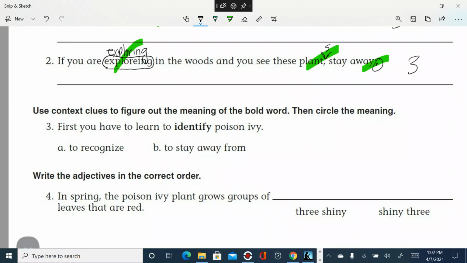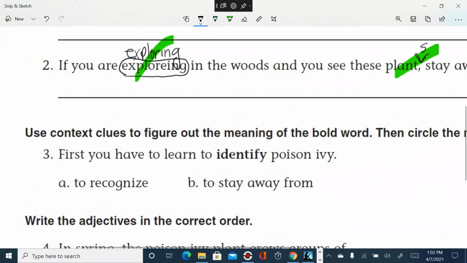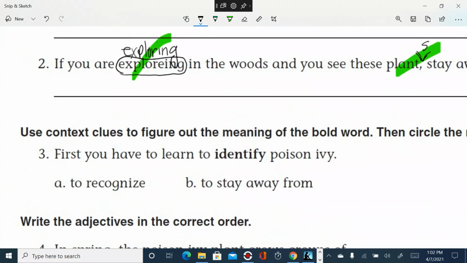Use context clues to figure out the meaning of the bold word. Circle the meaning. Now, what do we mean by context clues? Can someone explain that to Braden? What am I doing? Go ahead. Braden, go. What is it? Can someone explain to Braden what a context clue is? First, you have to learn to identify poison ivy. Now, here is the word that we don't know, right?